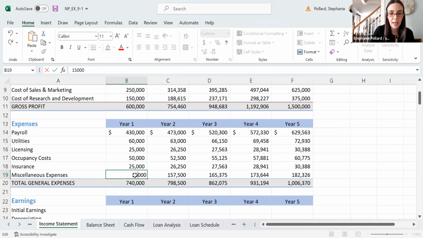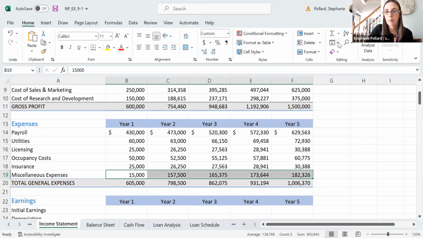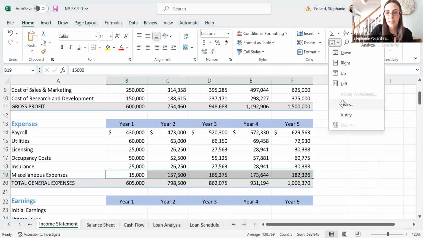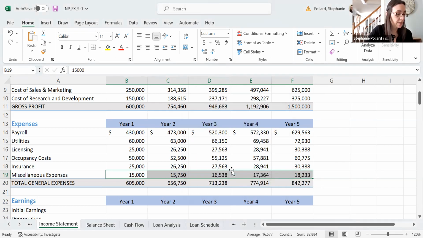Let's make that 15,000. And I'm going to have to fix this bottom number here. So if I make a mistake, I just go in and fix it. But notice that my series didn't update, right? Because it was based off the original values. I have to go ahead and just fix that. That looks much better. And now I have the final answer.